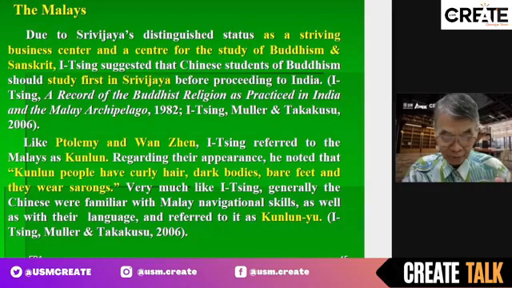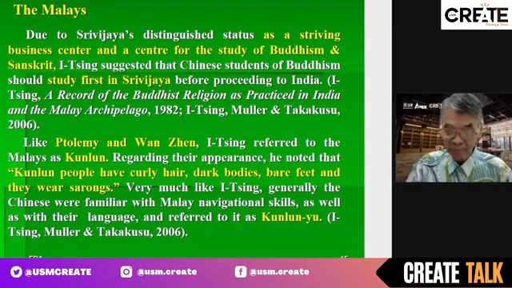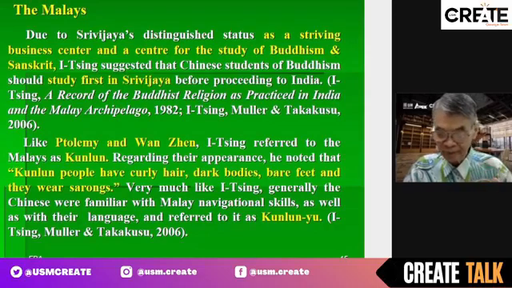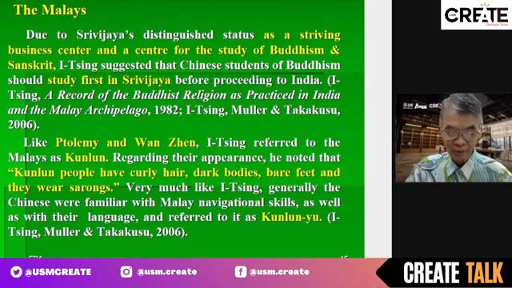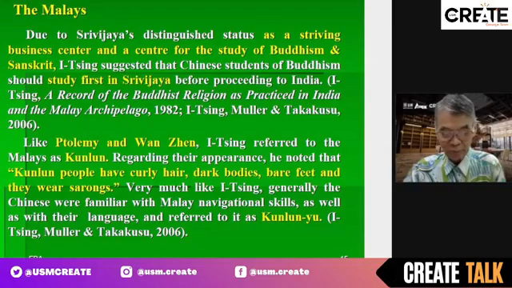Like Ptolemy and Wanzheng. Wanzheng, remember, is the 3rd century Chinese historian. Yi Sing, in the 8th century, referred to the Malays as Kunlun. I would like all my friends and colleagues to remember this term carefully, Kunlun, referring to the Malays, because we'll be talking a lot about them after.